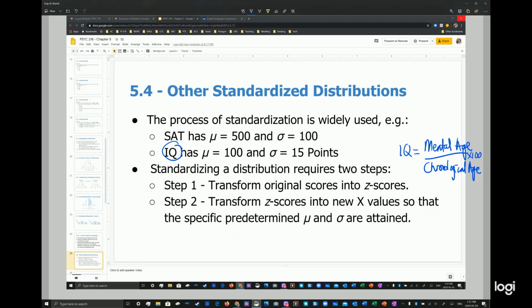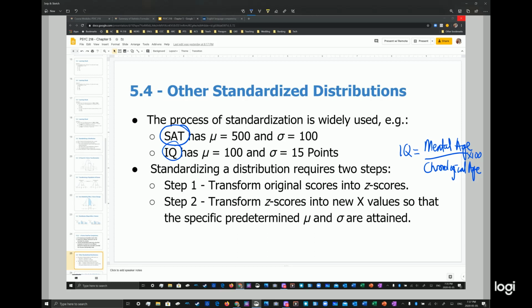So if somebody has an IQ of 115, that person is 1 standard deviation above the population average. SAT has a different population mean of 500, and a different population standard deviation of 100 points.